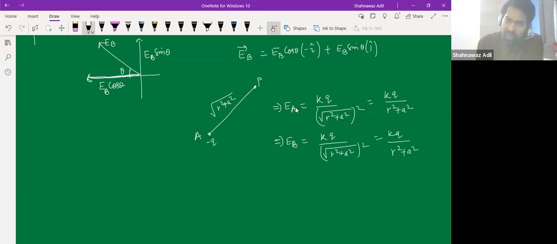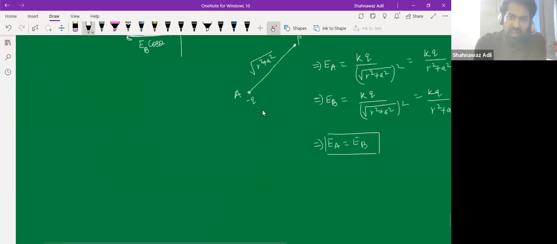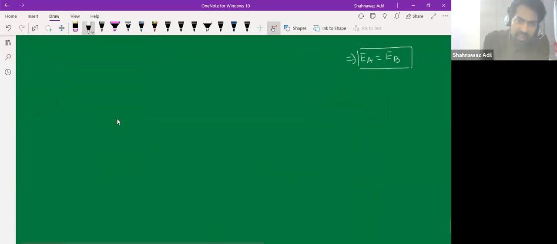So from here we can write that EA is equal to EB, right? Yes. Okay, so now we can solve this part. So we know that the electric field at P is EA plus EB, right?